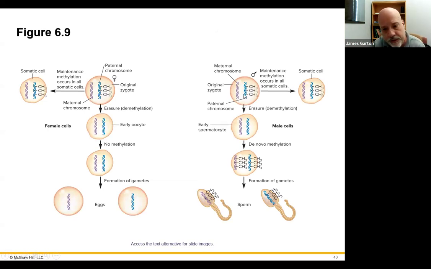In the opposite situation over here, at the start of gamete production, the methylation gets removed, cells divide, but then the methylation is reestablished. And so the sperm cells all will carry methylated versions of that allele.